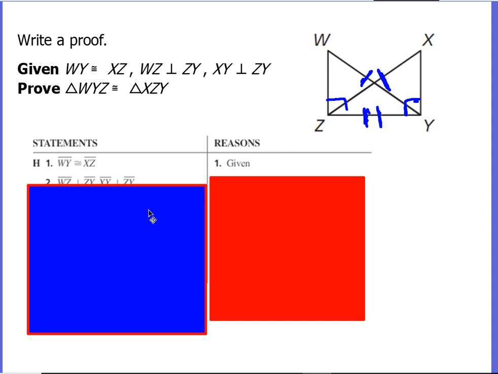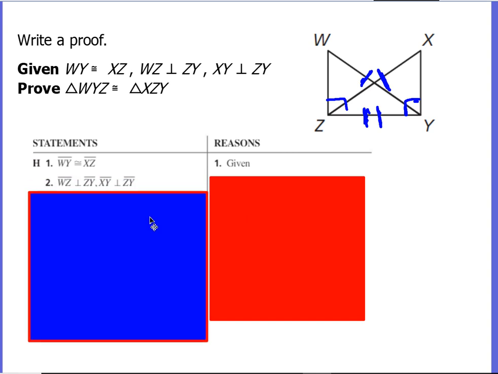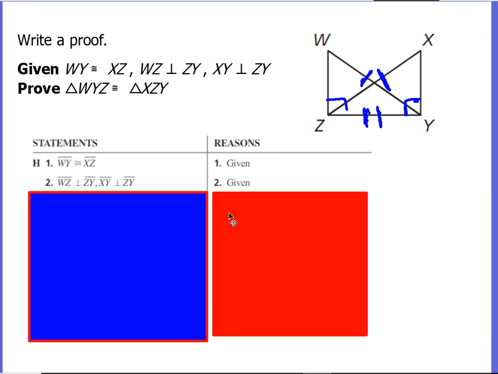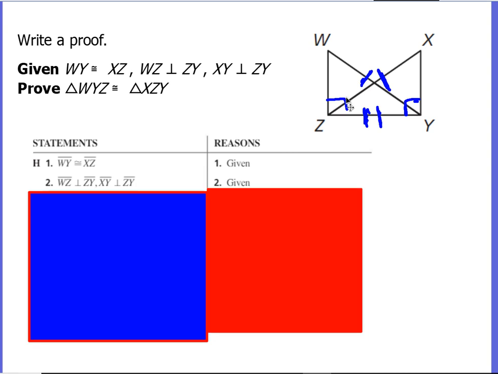Well, then what else are we given? Two different sets of perpendicular lines, and that's given to us, and that's good. Because what does it tell us? Again, you have to ask yourself, what does it physically mean to be perpendicular? Every time we're doing proofs, you've got to make sure that you're wondering what it physically means for the previous step to happen. So you say, what does it actually mean for WZ to be perpendicular to ZY? It means that this angle right in here, WZY, is right.